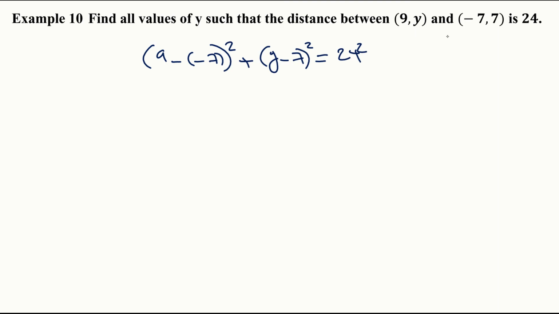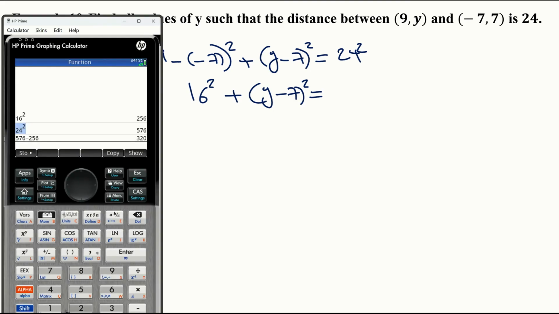So 9 minus negative 7, that becomes 9 plus 7, which is 16. So 16 squared plus quantity (y minus 7) squared equals 24 squared, which I believe should be 576. So let's see. Yeah, it is 576.